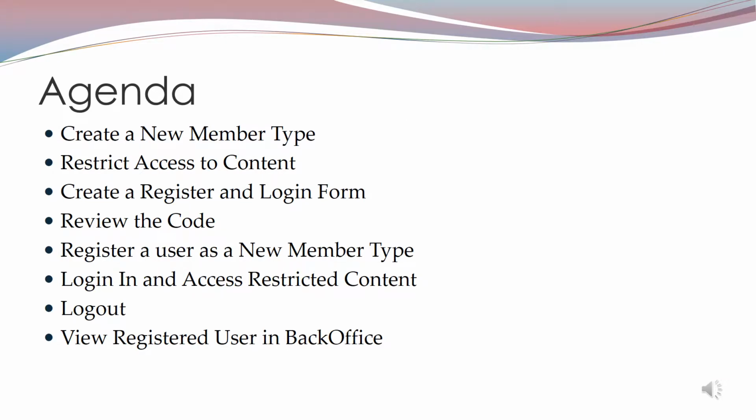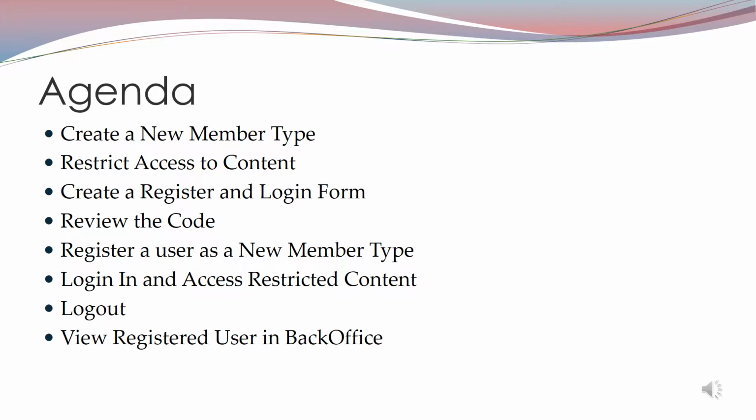The agenda for this video is we'll create a new member type in the back office. We'll then restrict access to content to that new member type. We'll create a register and login form so we can create a new member of that member type.